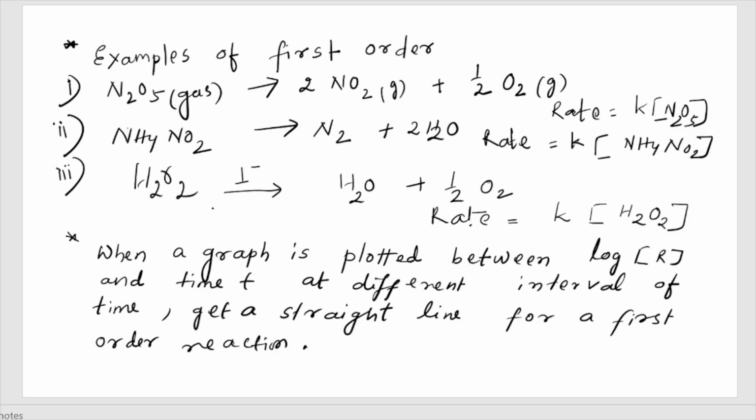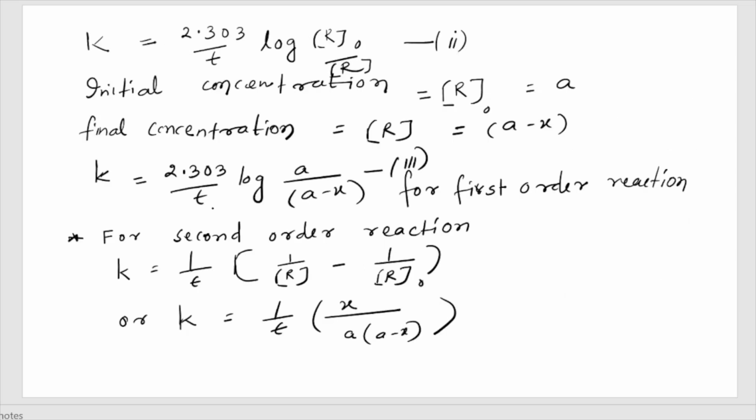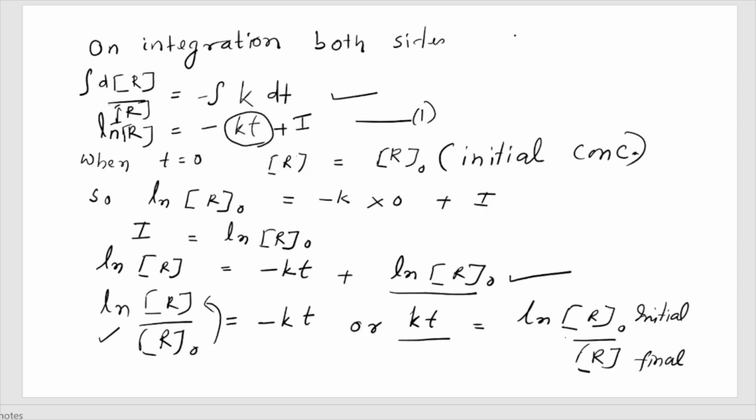One can write similarly, if two values r0 and r are used, then what is the equation? See here, as in the earlier example, k equals 2.303 by t log r0 by r. See equation number 2. Before that you can also see ln r.